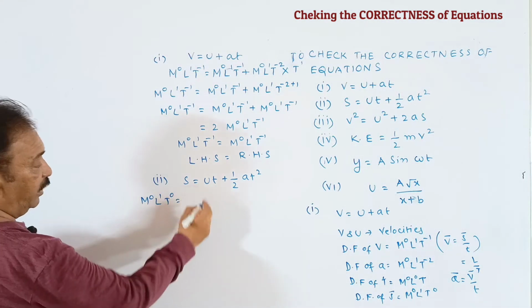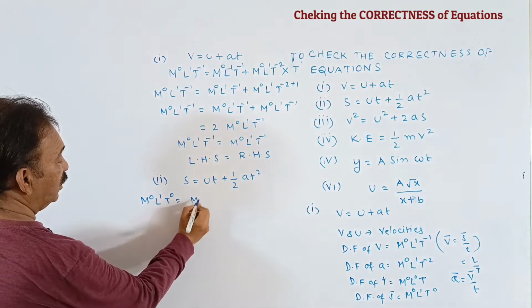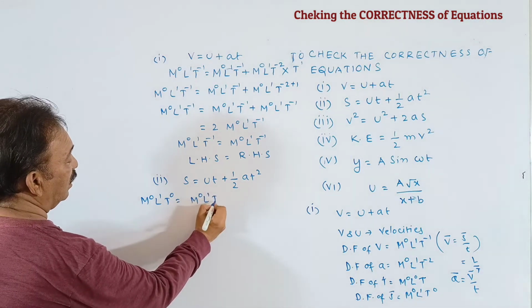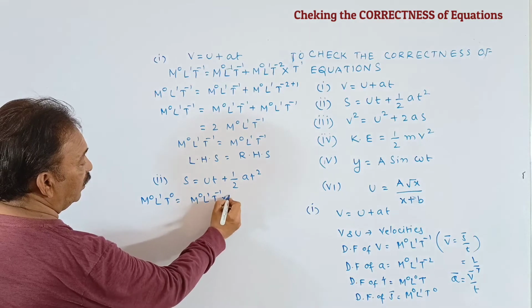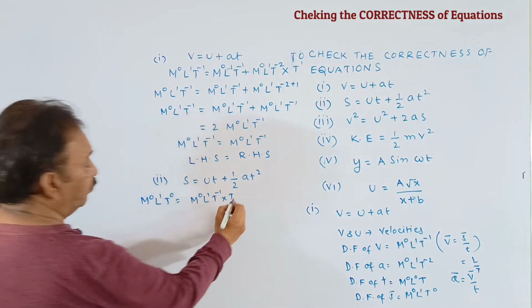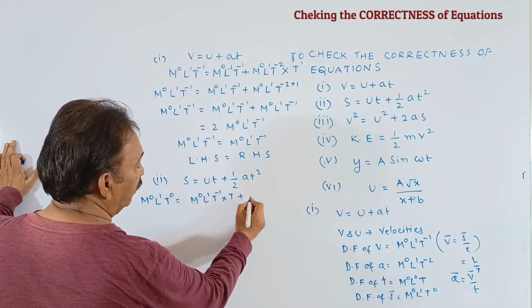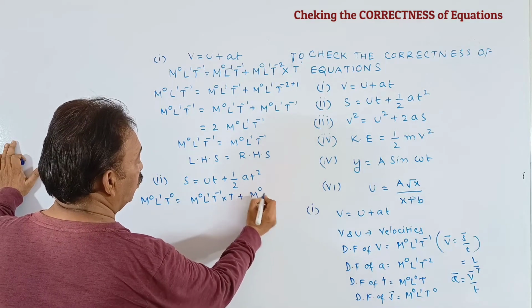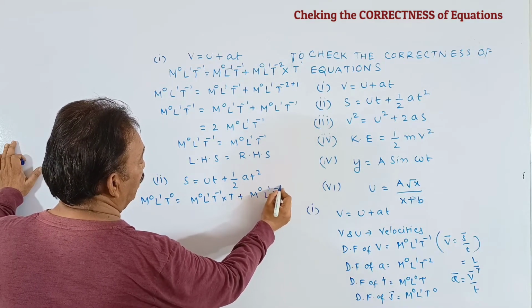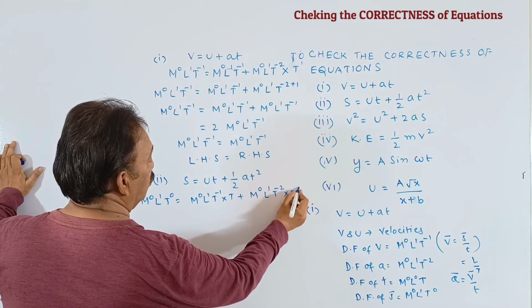You already got u, which is M0 L1 T inverse, multiplied with T; I'm writing time directly. Numbers don't have any meaning, so I neglected them. A is equal to M0 L1 T inverse 2 into T squared.